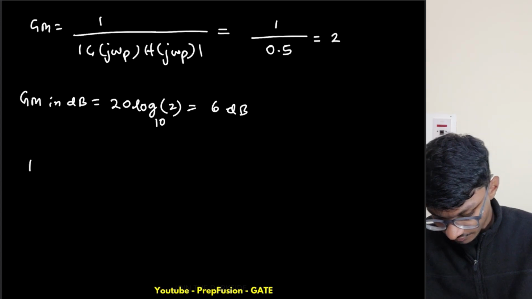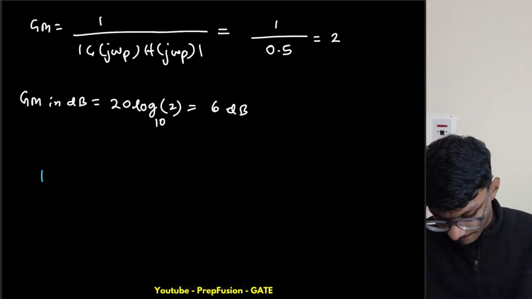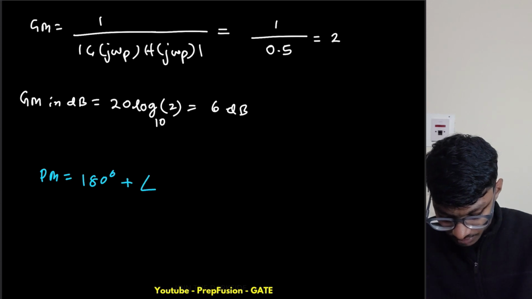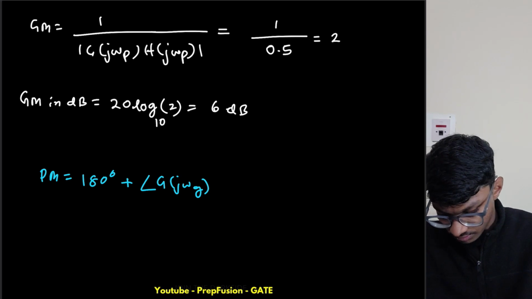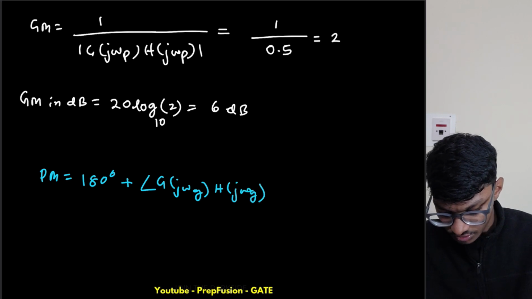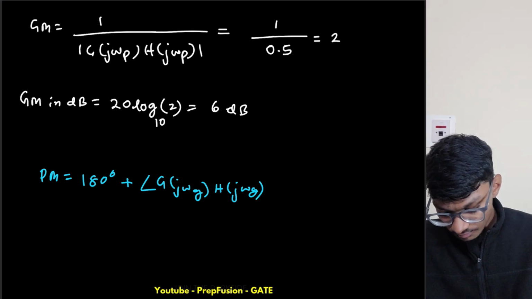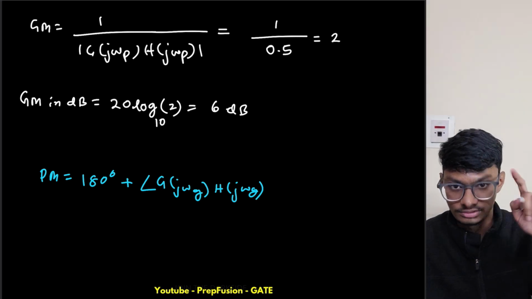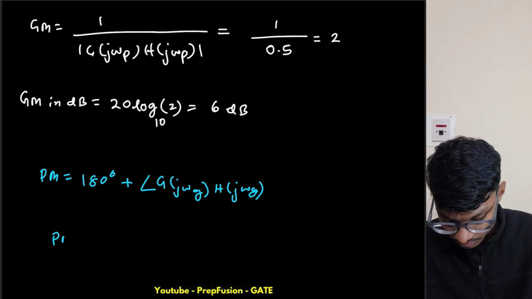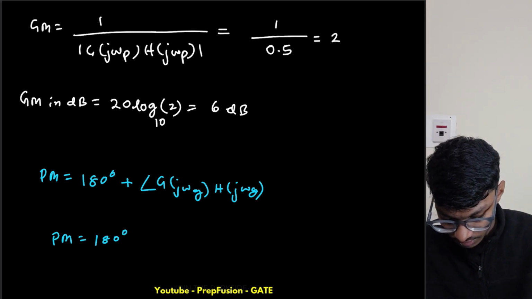Simply use the formula and you will never get confused. What is the formula for phase margin? Phase margin is 180 degrees plus the angle of G(j omega g) H(j omega g). Just use the formula, or else understand the concept.